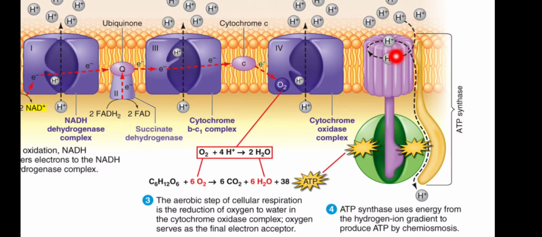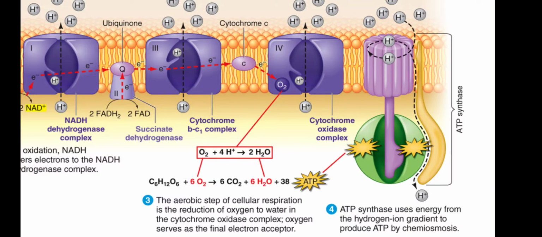The protons enter through the rotation of this ATP synthase, and as the synthase allows the passage of the protons along the concentration gradient inside the cell, every rotation produces ATP. So basically it's a mass production of ATP. There's a lot of ATP being produced here.